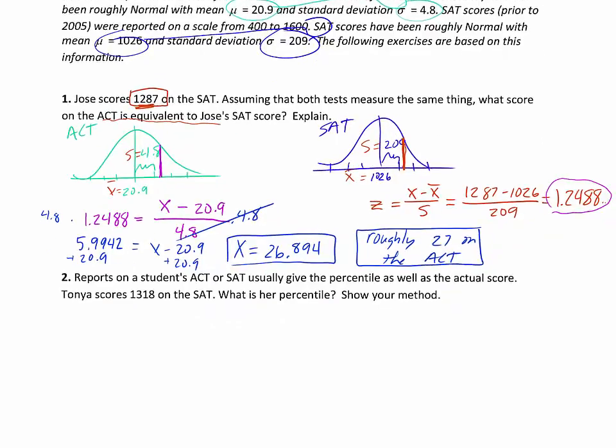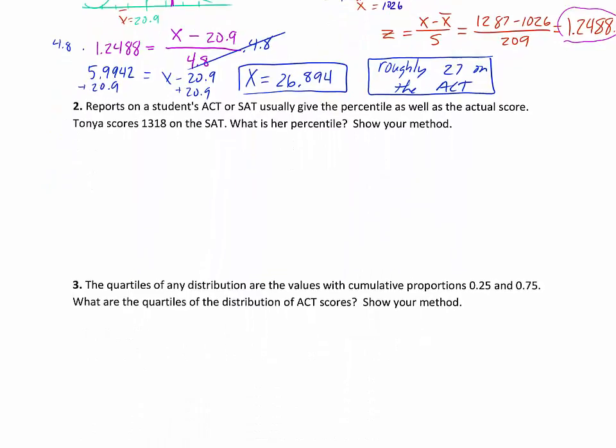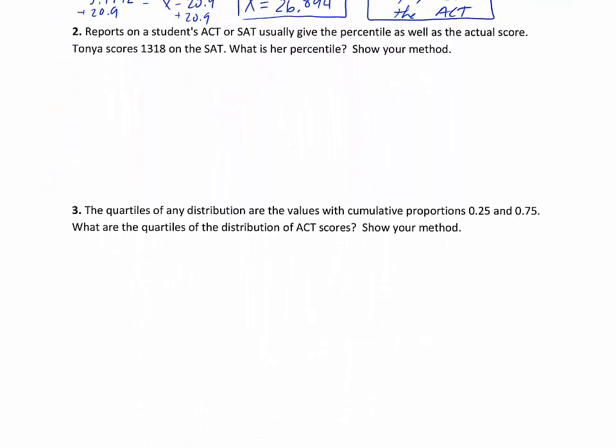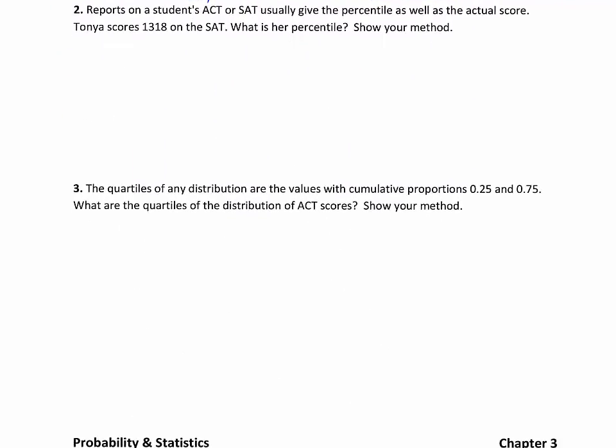So let's go ahead and maybe try the second question here. A different scenario. Reports on students' ACT or SAT usually give the percentile as well as the actual score. So Tanya scores 1,318 on the SAT. We want to know her percentile.